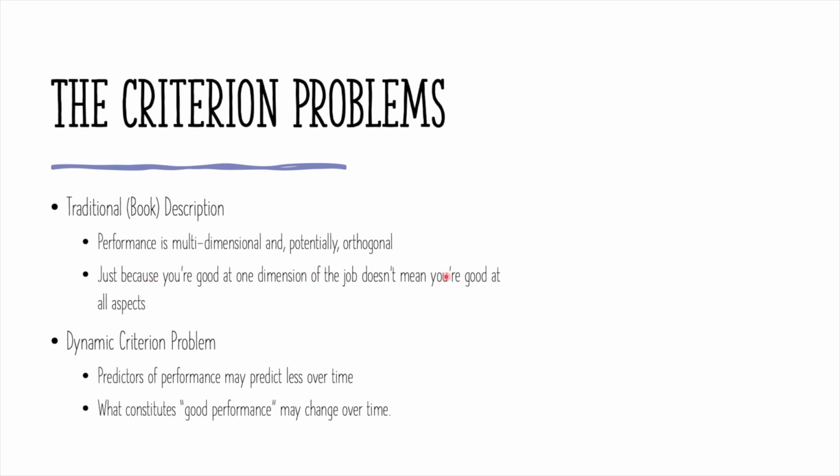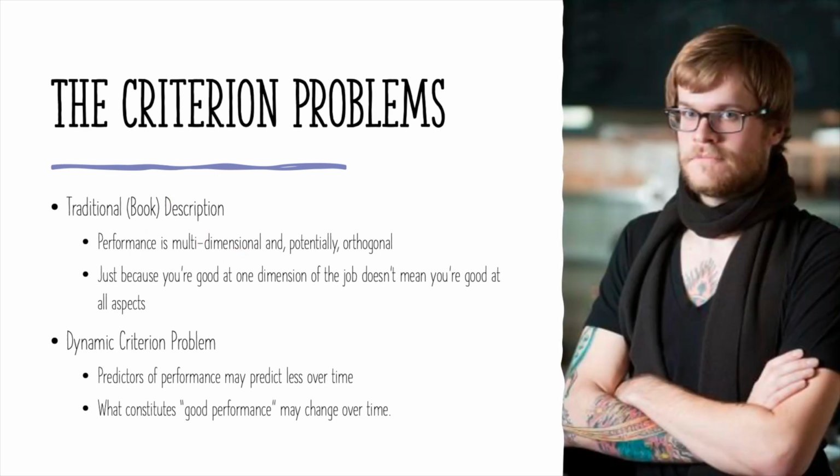That is, just because you're great at one aspect of the job doesn't mean that you're amazing at all aspects of the job. But there's also the dynamic criterion problem, but we'll go into that in later slides. So let's focus on this traditional definition. And let's take our favorite barista, Holden, for example.